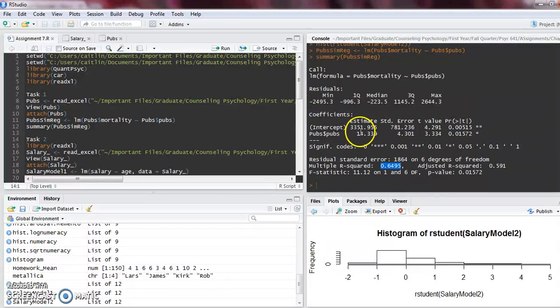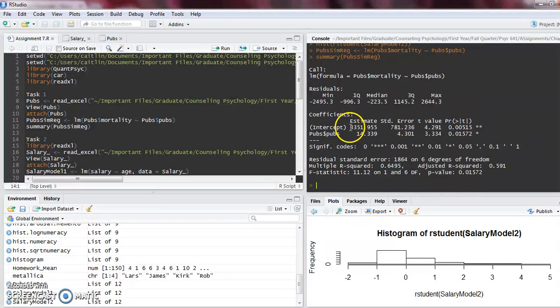And then looking at our beta values, we know that our beta values tell us how the predictor and outcome are reflected, in that when there are changes in the predictor variable, then there are changes in the outcome variable.